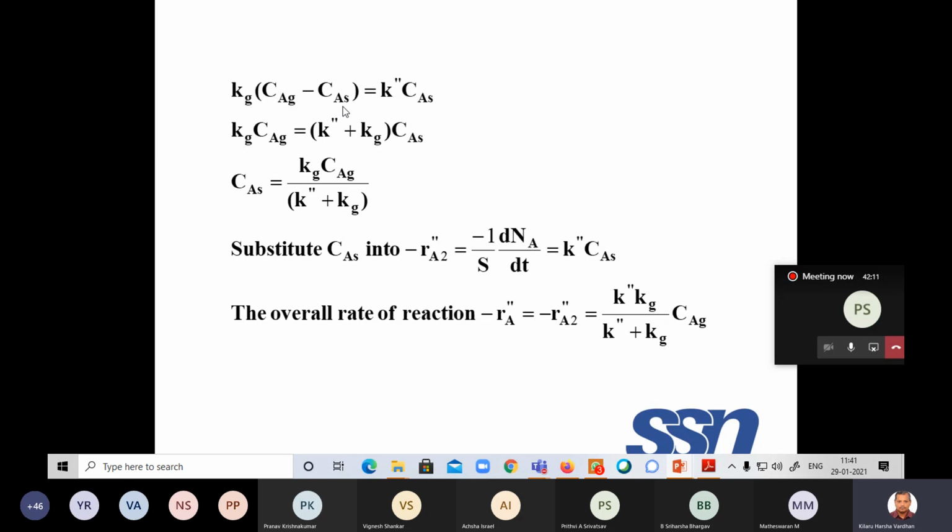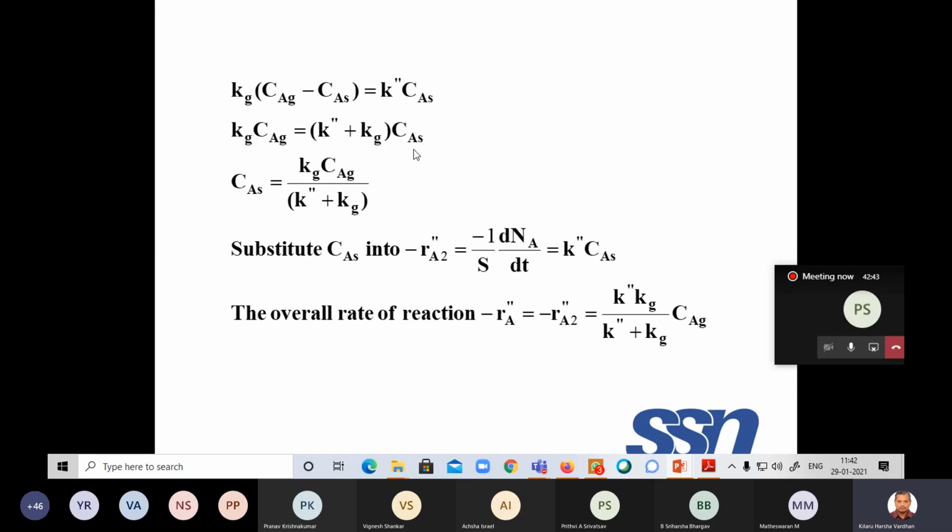Kg CAG minus CAS is equal to K prime CAS. So take all the CAS terms to one side. Split this: Kg CAG minus Kg CAS. If you take this side, it will become positive. Then you take out CAS common. Therefore, Kg CAG is equal to K prime plus Kg into CAS.